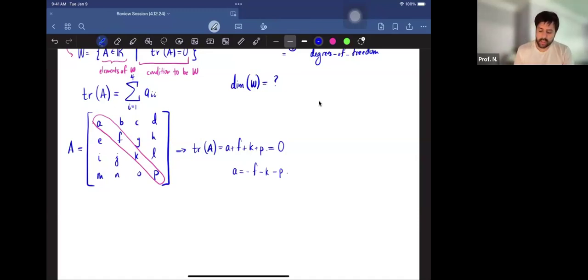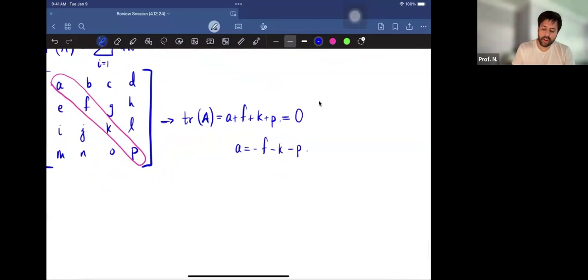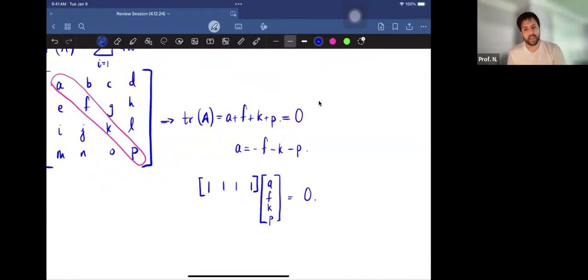This is similar to, let's see, I can do this. Look, 1 1 1 1 times A F K P equals 0. Isn't this the same as A plus F plus K plus P?